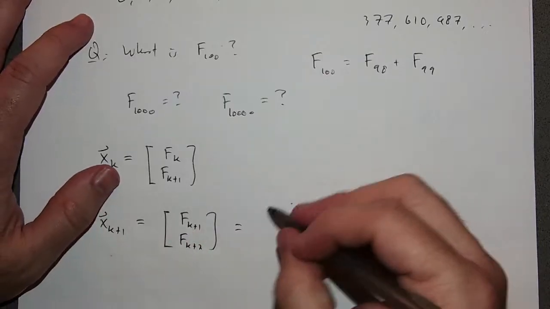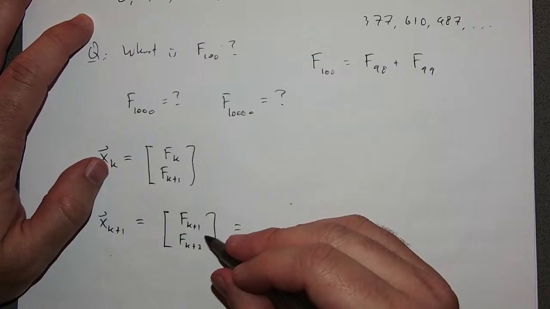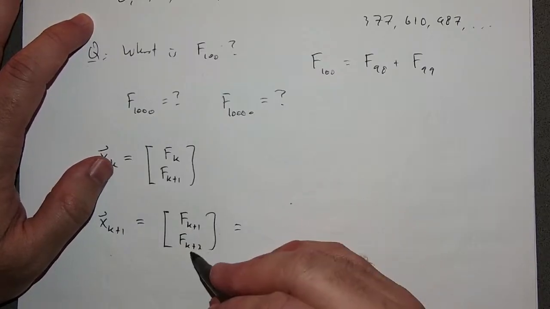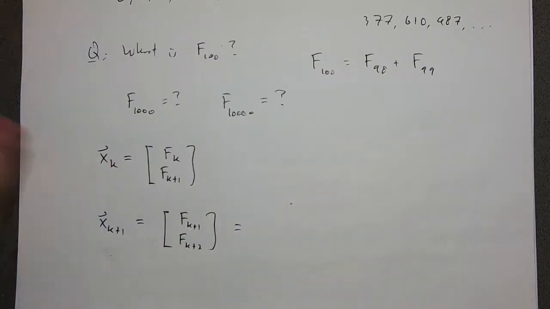This is equal to, so what is this here? For f sub k plus 2, I can use the Fibonacci recurrence relation. All right, going back here.